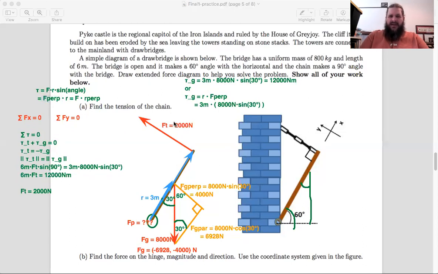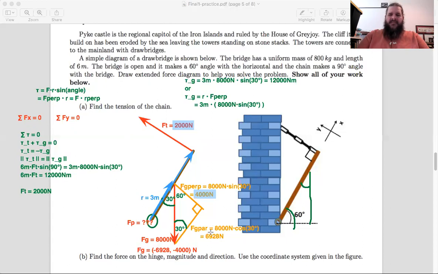If we take a look at the tension, which is all perpendicular, and compare it to just the perpendicular component of gravity, how do those forces compare? Yeah, half as much. So we shouldn't really be looking at the actual force. We should be looking at just the perpendicular component of the force. The chain is twice as far away, so it only needs half as much as the perpendicular component of gravity. Twice as far away means half as much perpendicular force. The parallel force doesn't matter.